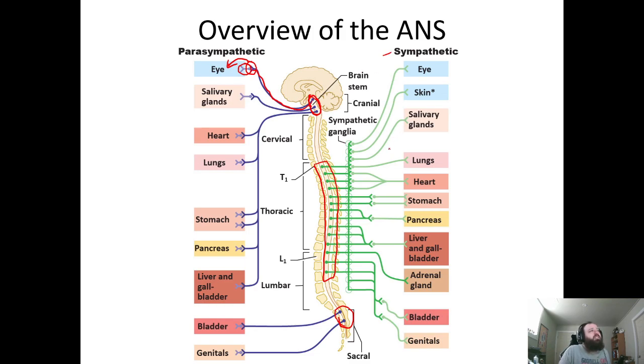If we switch and look at the sympathetic ganglia, you'll see that they are located very, very close to the spinal cord and very far away from the effector tissues. So we have short preganglionic neurons, autonomic ganglia close to the central nervous system, and long postganglionic neurons that project towards the effector tissue. So these should highlight the differences outlined on the previous slide.